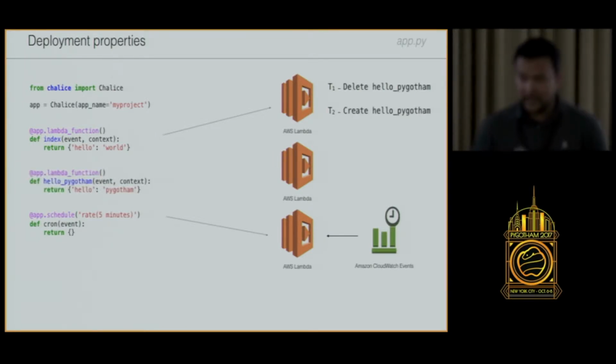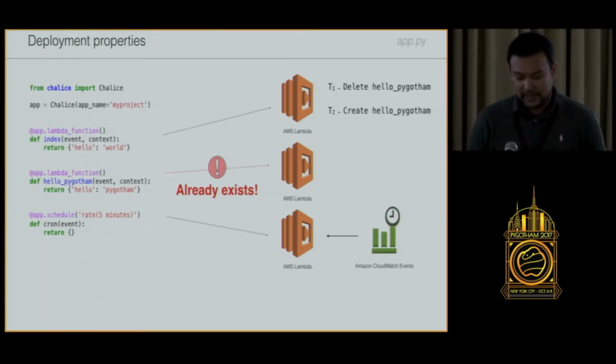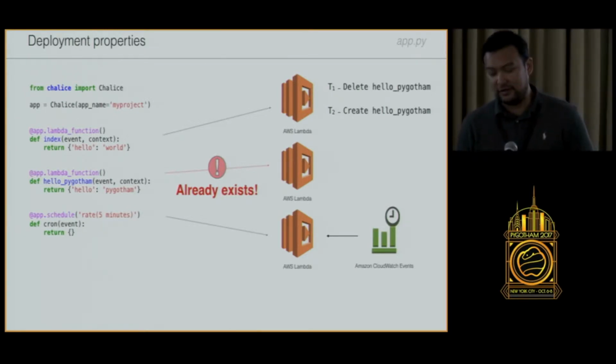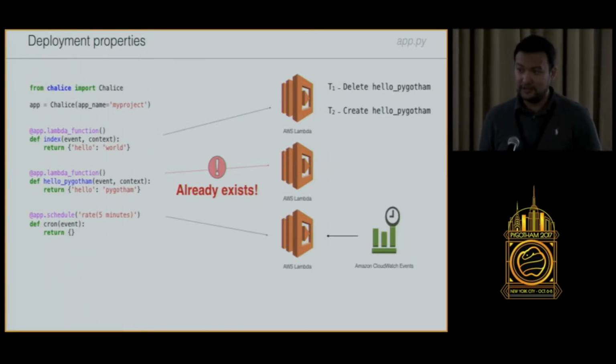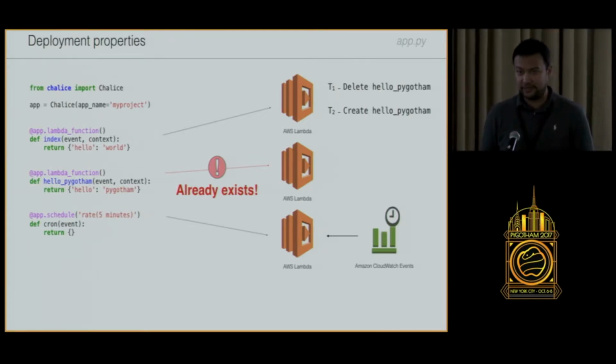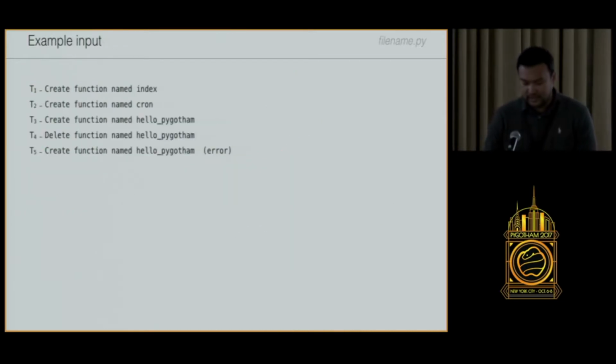So we do the normal thing, we add it to our code, we run our deploy, and in this particular case, if you use create function and the function already exists, you get an error back. Now, once you know this, it's pretty easy to fix, but the point here is that it can highlight these types of issues. Like, did you check that if you delete a function and then create it with the same name, you don't get an unexpected result? So that's really what state-based testing can help with. And this would be a sample input that it would have you execute.